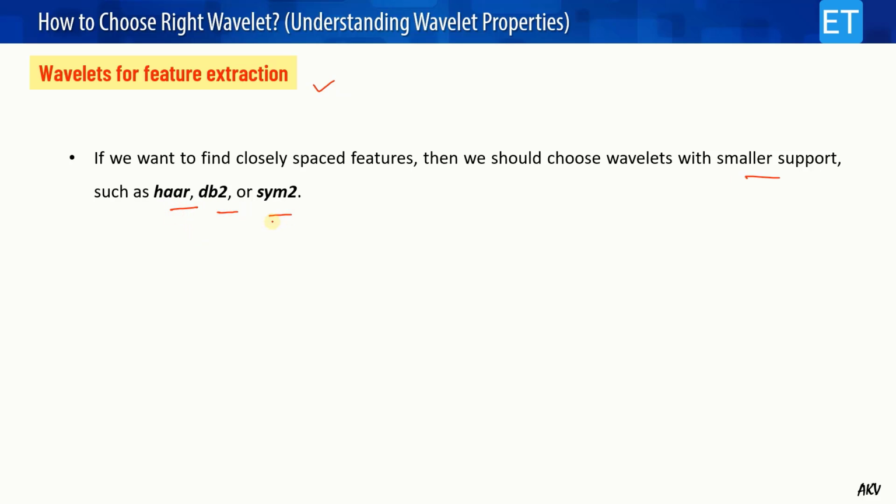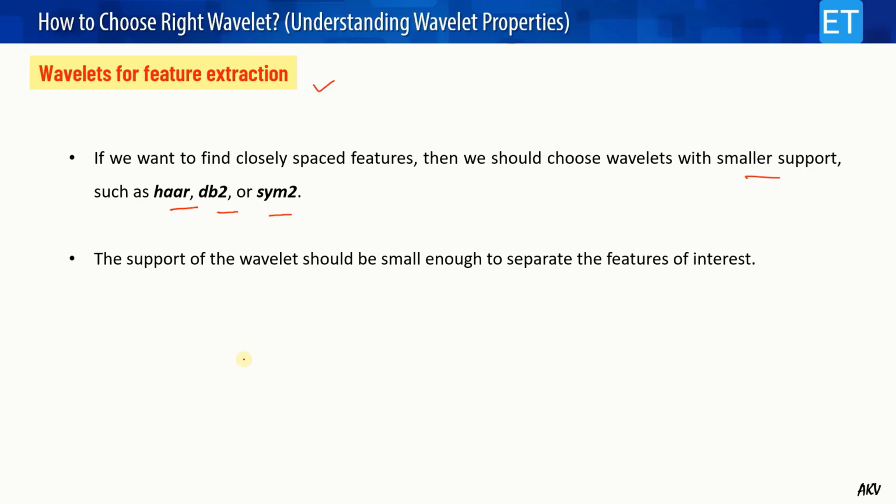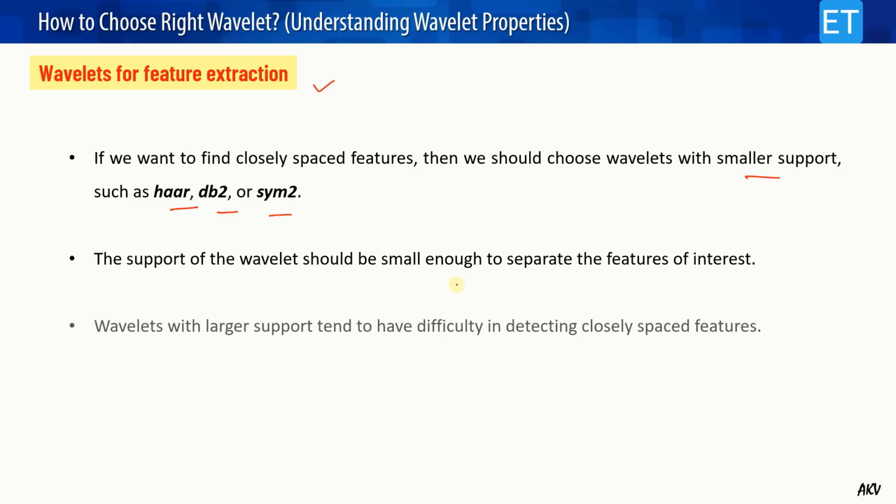You should not go for the higher vanishing moment wavelets such as DB10 or BIOR 6.8 or something, because the support of the wavelet is small. For example, the HAR has only 2 samples in its impulse response of the wavelet filter. So if this support is small, then it is able to distinguish the closely spaced features.